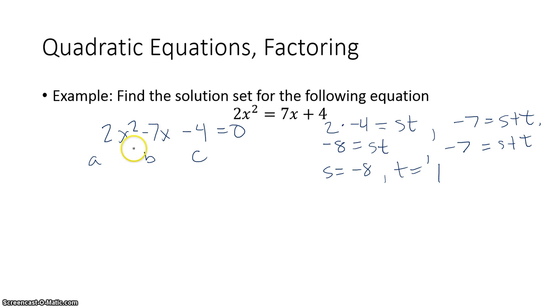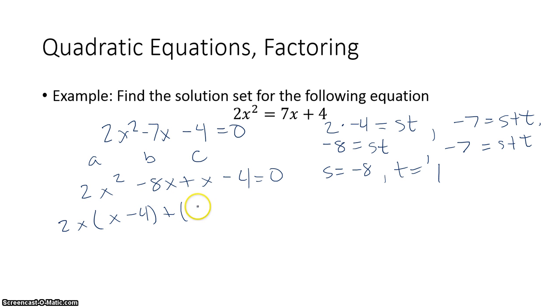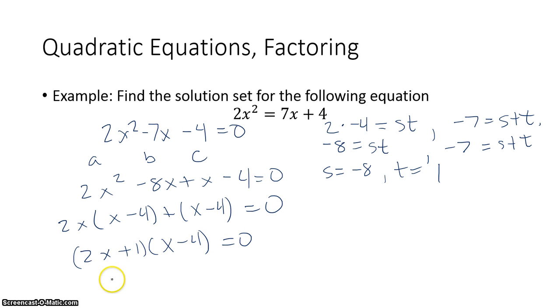We're going to split up this polynomial using our S and T to 2x squared minus 8x plus x minus 4 equals 0, and proceed to factor by grouping. So 2x times x minus 4 plus x minus 4 equals 0. 2x plus 1 times x minus 4 equals 0.